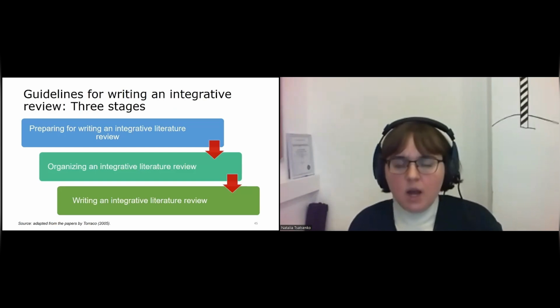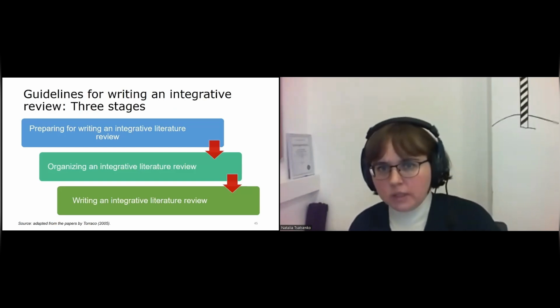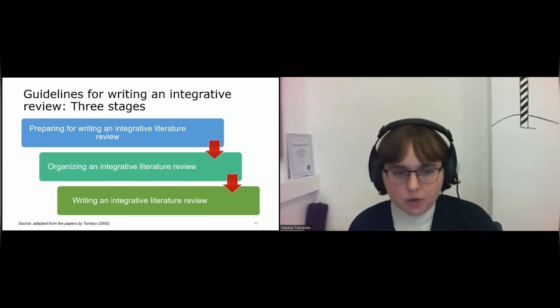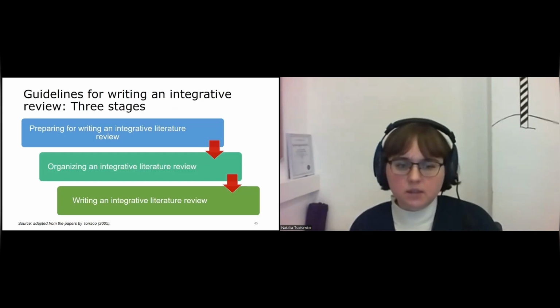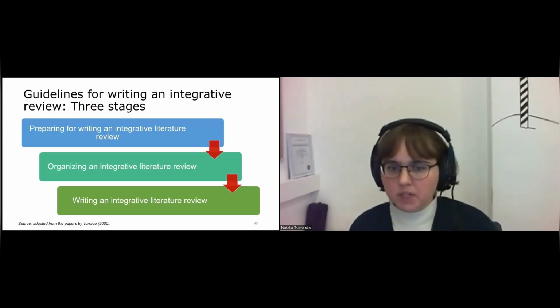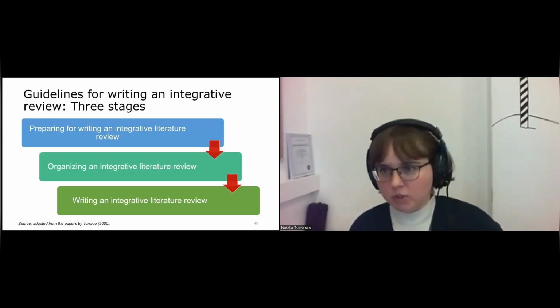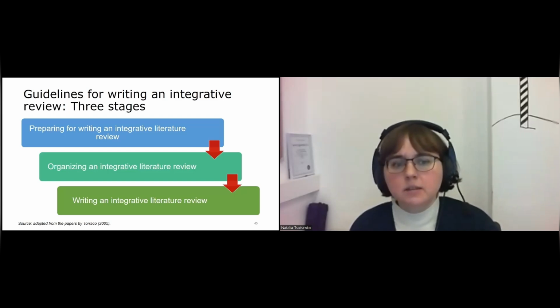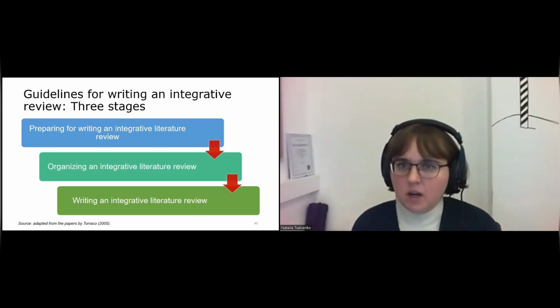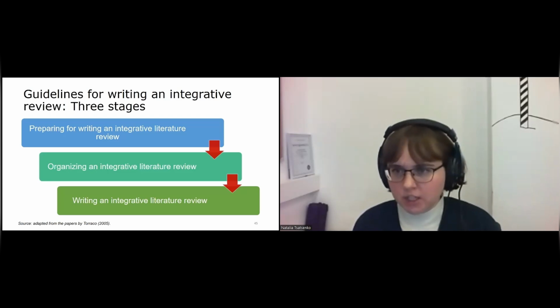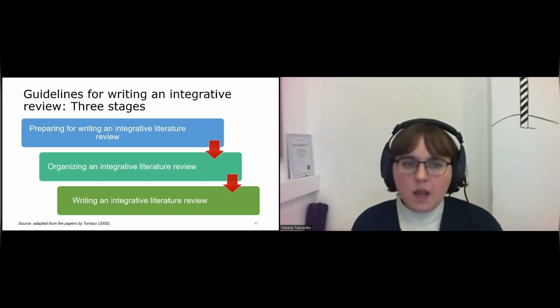And now the last slides I will dedicate to the integrative review. You can see the references to the paper by Torraco in 2005, but then they published an additional paper. In the paper, they very well explain how to manage an integrative review, what the main weaknesses are, what the strengths of this type are, and a lot of hints.